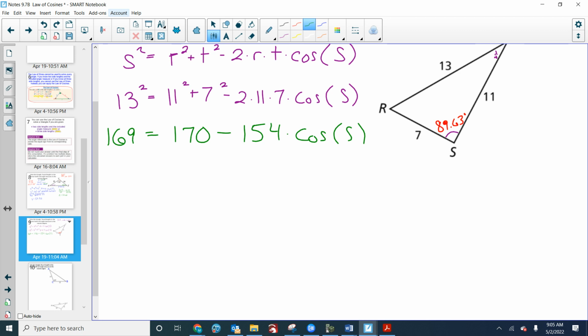And why did I explain it the way I did? Well, look at the pattern of the law of cosines. If you're solving for this angle over here, aren't you going to subtract this number and divide by this number every single time? It's the formula. Every single time, you're going to take this number, subtract this number, and divide by those three. So you might as well let your calculator do it for you.